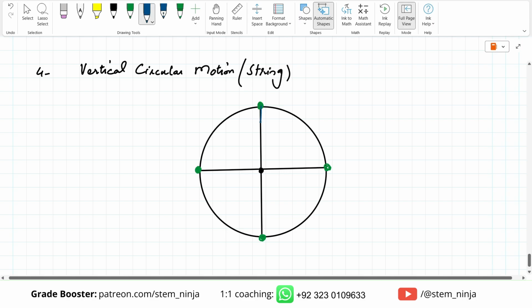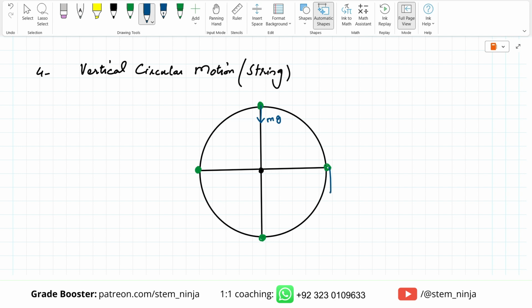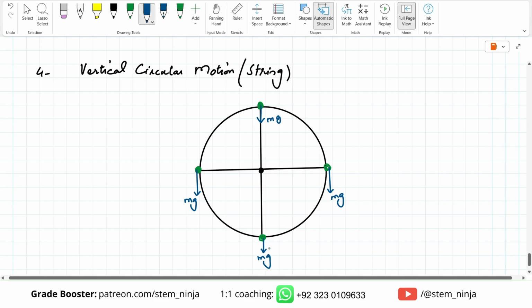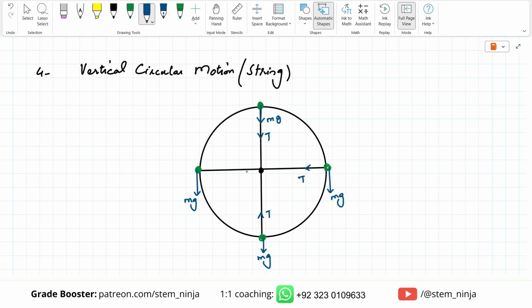Object has weight that goes downwards, that goes downwards, that goes downwards, that goes downwards. Tension always goes away from the object, towards the center. Let's call these A, B, C, and D.